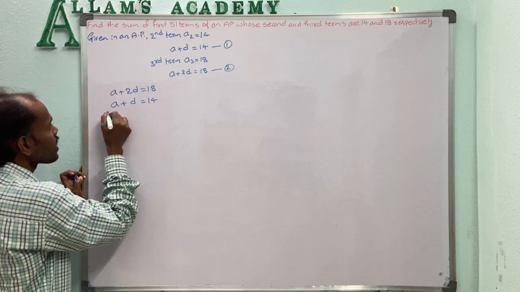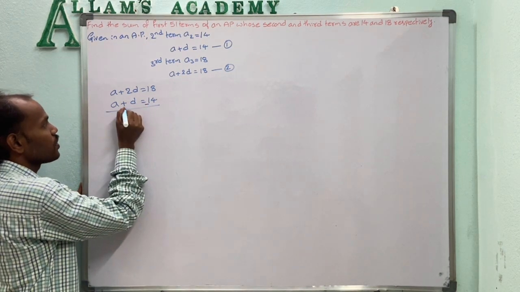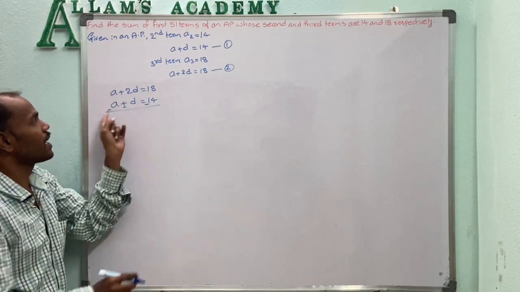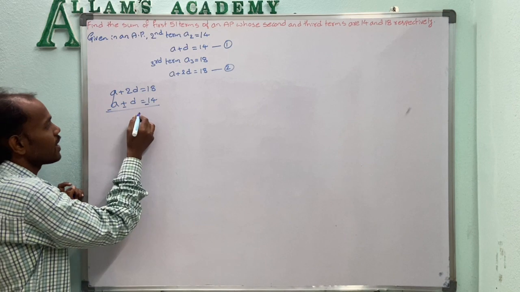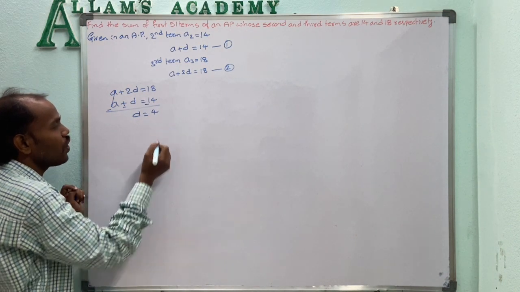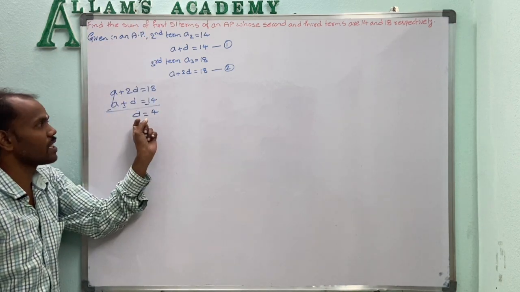By subtracting we have to change the signs: plus 14 becomes minus 14, plus d becomes minus d and plus a becomes minus a. A minus a gets cancelled, 2d minus d equals d, and 18 minus 14 is equal to 4. So the common difference of this arithmetic progression is 4.